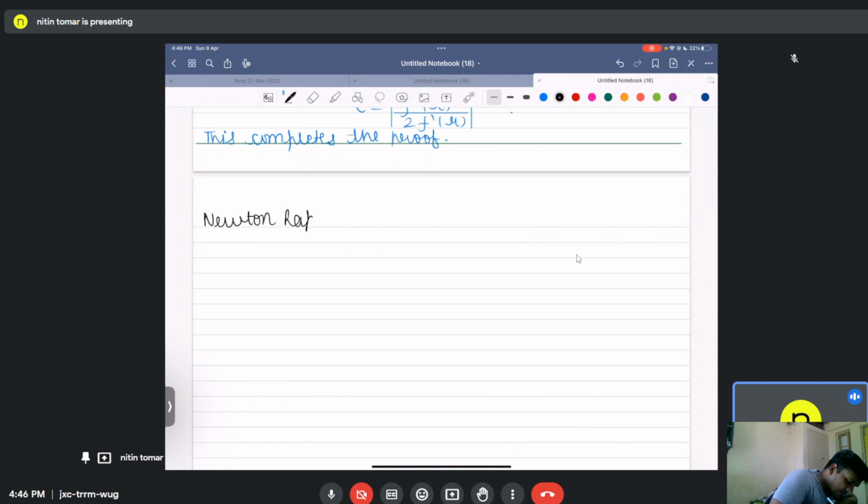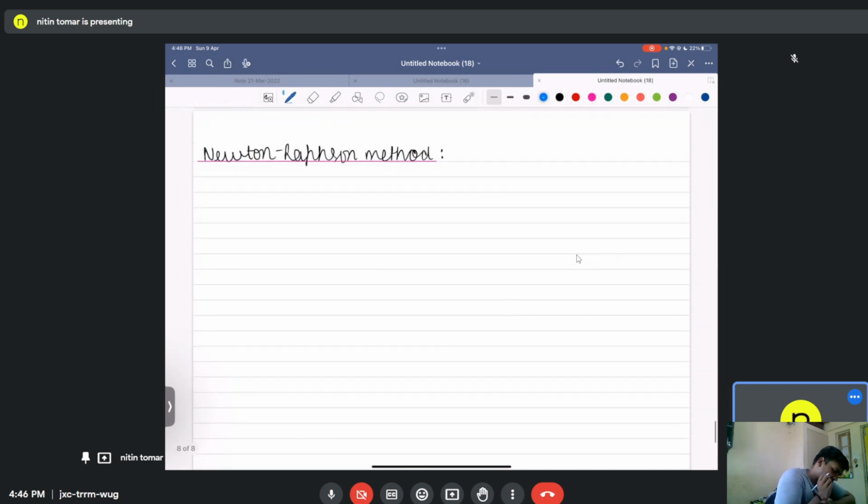I will maybe continue this in the next lecture also, but let's see how far I can go with this. A quick introduction is always possible. So it is again a root finding algorithm, as we have seen in the secant method.